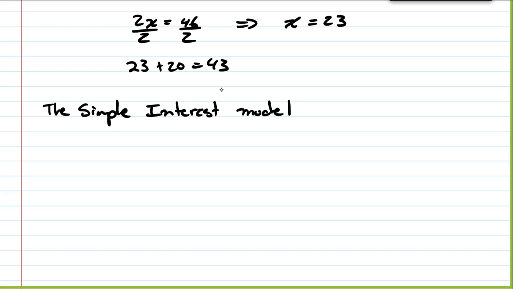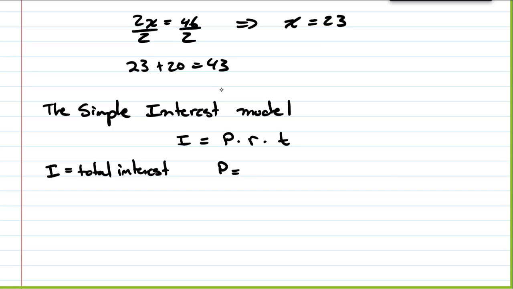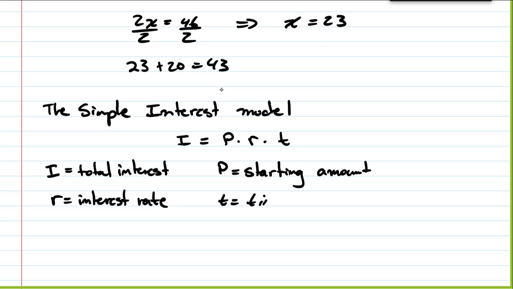So the simple interest model is I is equal to P times R times T, where I is the total interest, P is the principal or the starting amount, R is the interest rate, and T is going to be time.